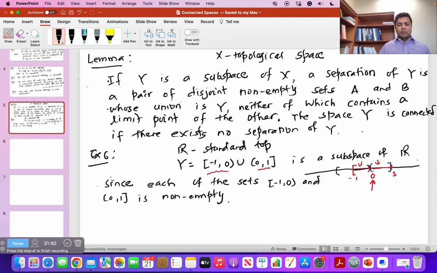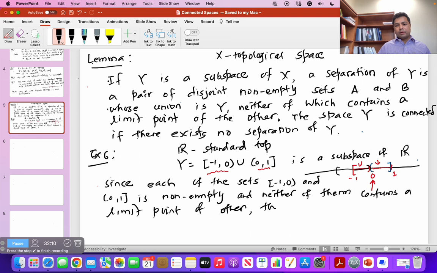Anyway, we don't need the open, since each of the sets negative 1, 0 and 0, 1 is non-empty, and neither of them contains a limit point of the other.